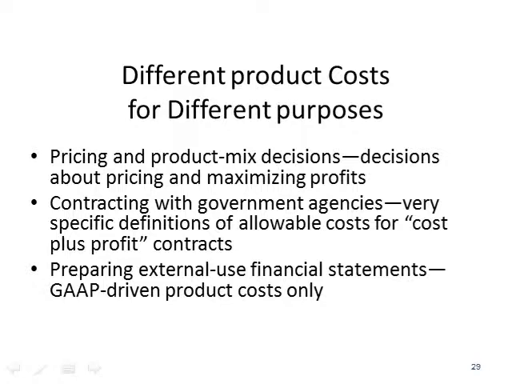Many cost terms used by organizations have ambiguous meanings. Consider the term product cost as an example. A product cost is the sum of the cost assigned to a product for a specific purpose. Some different purposes might include pricing and product mix decisions, decisions about pricing and maximizing profits. Could be contracting with government agencies, which have very specific definitions of allowable costs for cost-plus-profit contracts, or preparing external use financial statements, which are GAAP-driven, or generally accepted accounting principles driven.